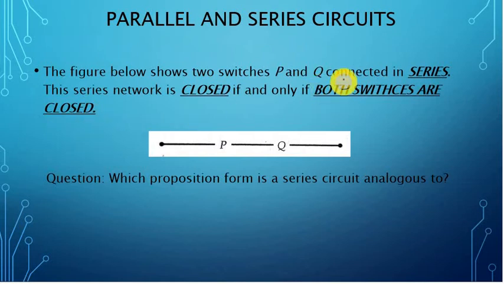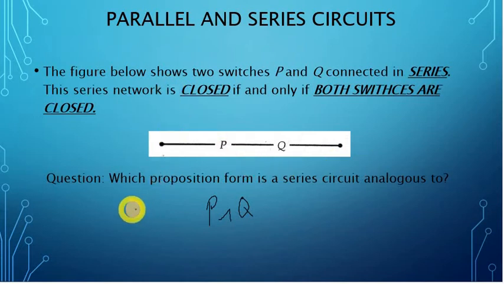So if both are closed, then that's the only time the entire network is closed. Based on that, which do you think is a proposition that is analogous to this specific network? If you thought of the conjunction P and Q, then you are correct.